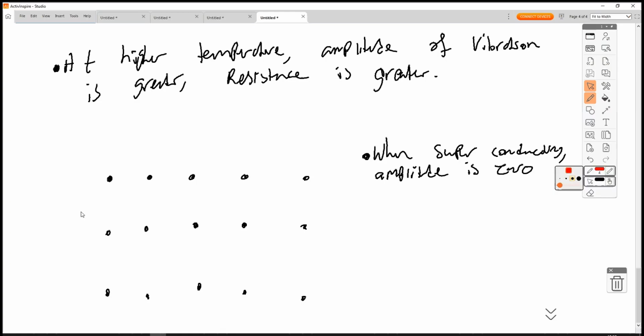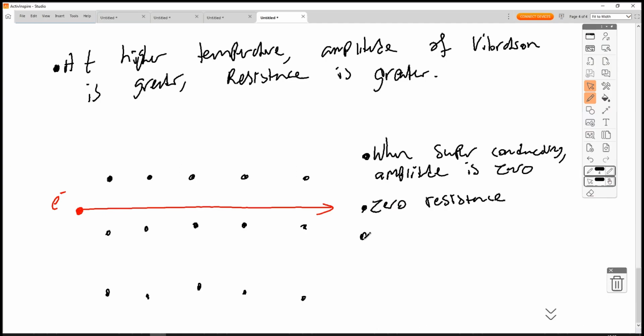And so our electron that wants to flow through can simply just flow through. When superconducting, amplitude is 0. At higher temperature, amplitude of vibration is greater, resistance is greater. So we can say here, 0 resistance and 0 energy lost.